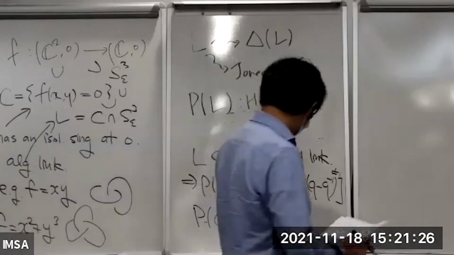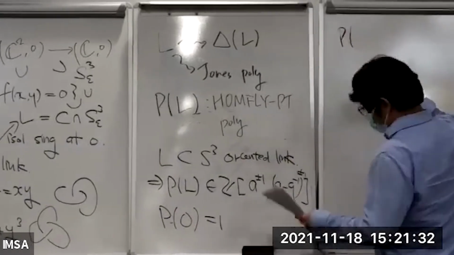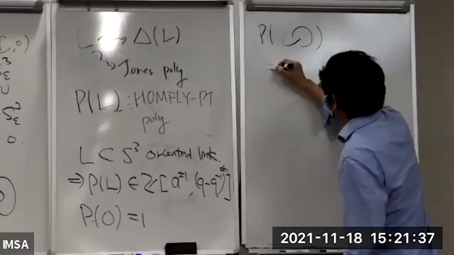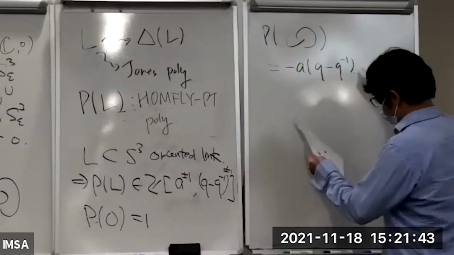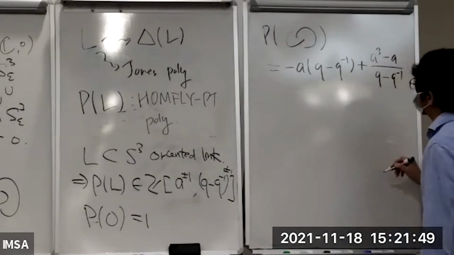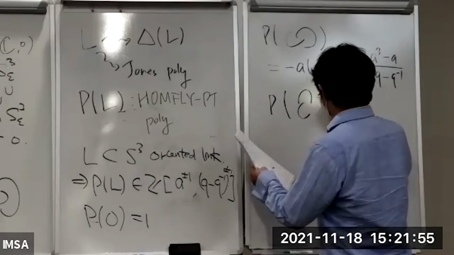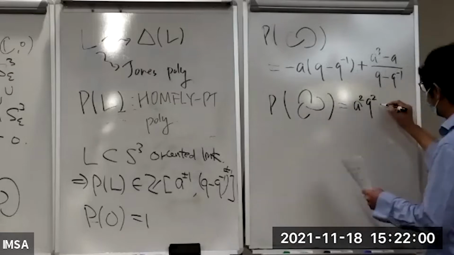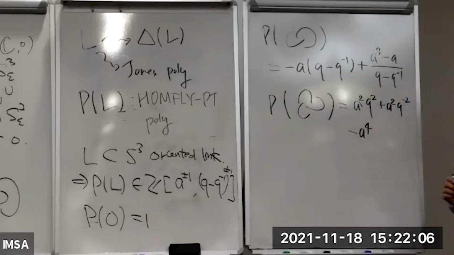For example, for the trefoil, you can check that this is a^2 q^{-2} + a^2 q^2 - a^4.